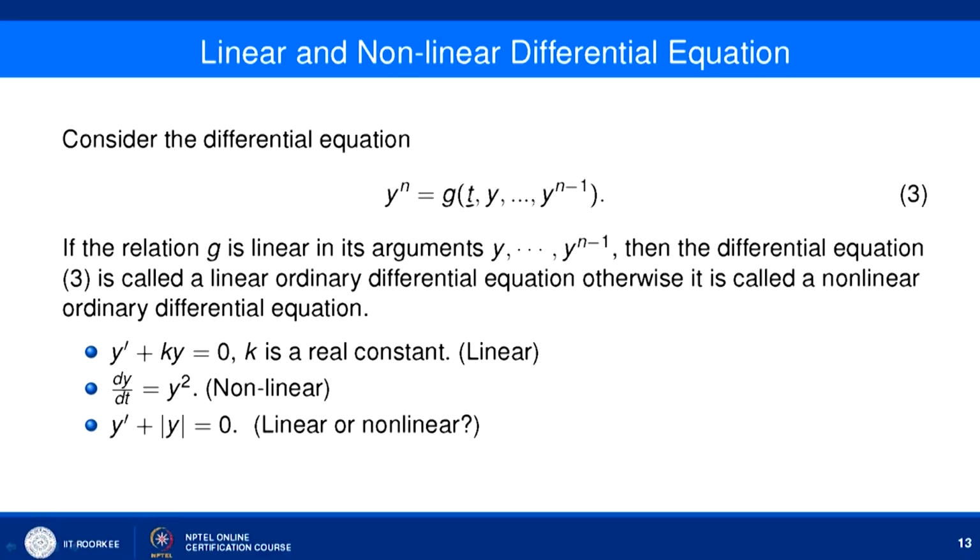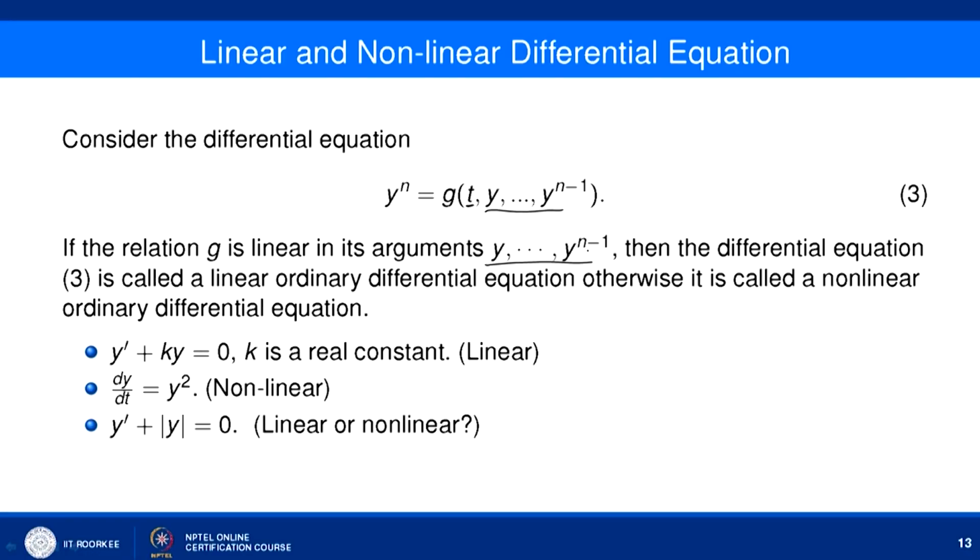Here t represents the independent variable, so we need not bother about whether g is linear with respect to t or not. We need to consider the arguments which are dependent variables. So if g is linear in terms of y to y^(n-1), then we call equation 3 a linear ordinary differential equation.